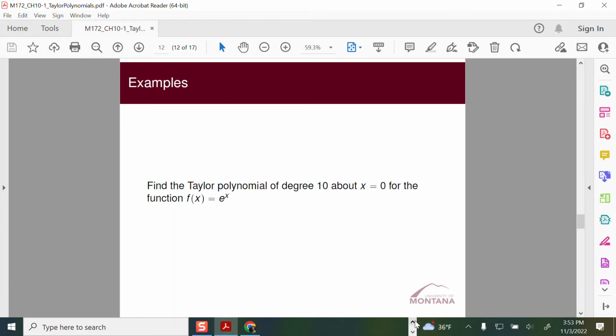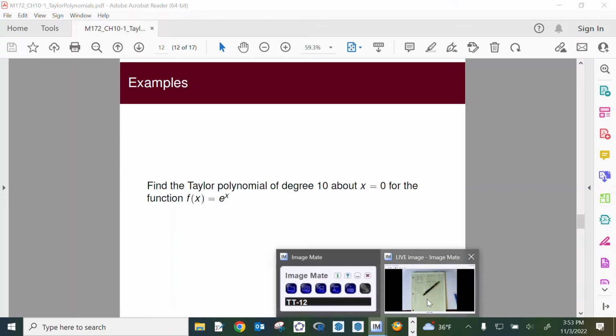Let's go ahead and knock it out and see if it agrees with the online Taylor series grapher.